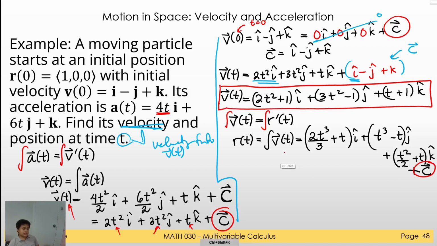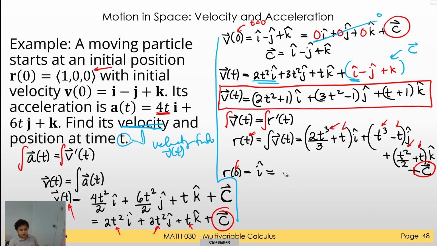Okay, that's it. Now, this has an arbitrary constant again of c. So to solve for this c, we have this given initial position, 1, 0, 0. So basically, we can substitute 0. So we have r of 0 is equal to, so this is also the same as just i plus 0j plus 0k, right? So we can just put here i hat, and then equals to, substituting t is equal to 0 here. So all of this will be 0, right?